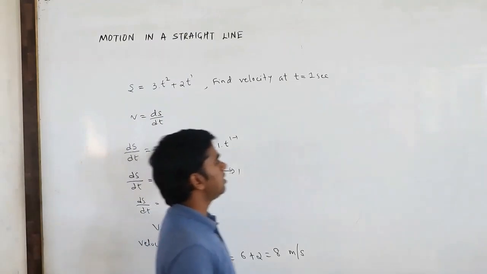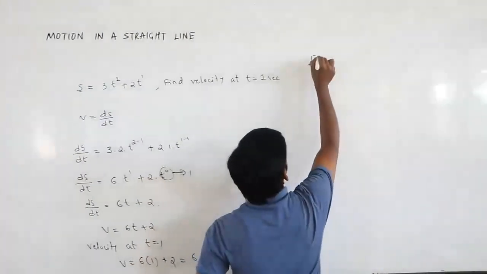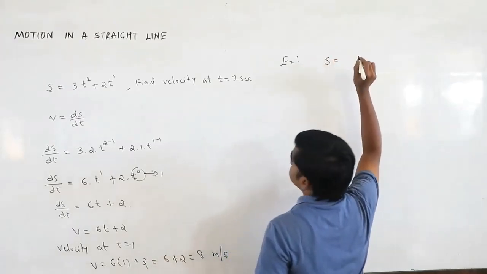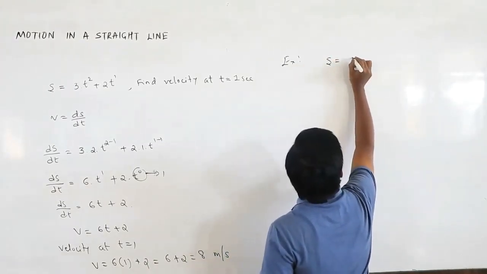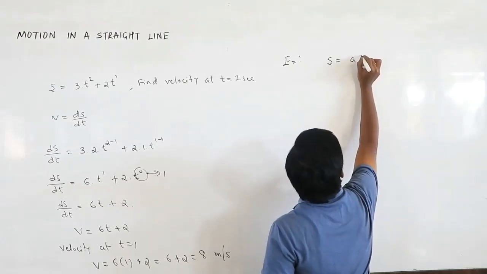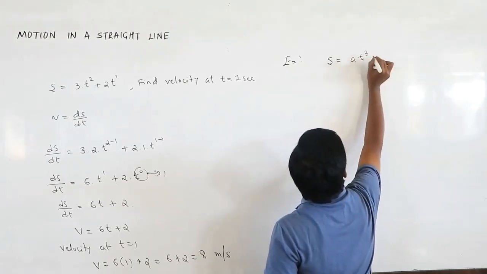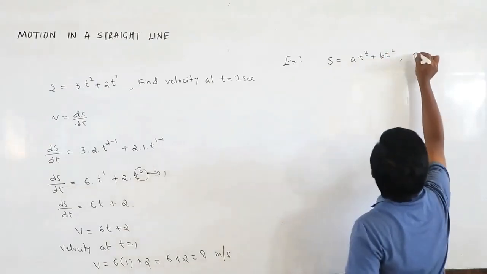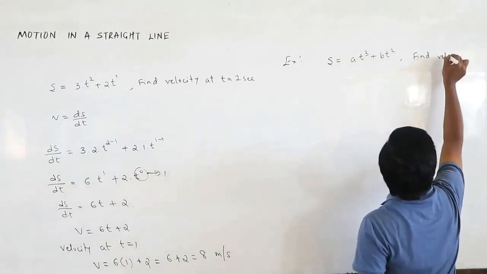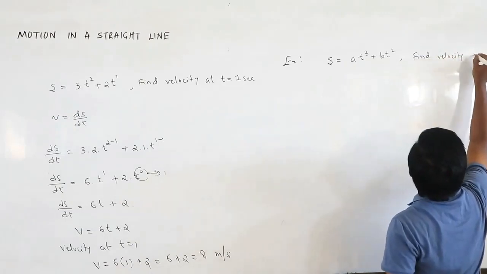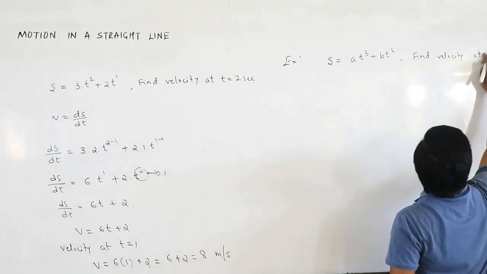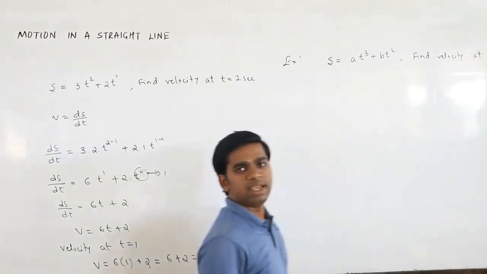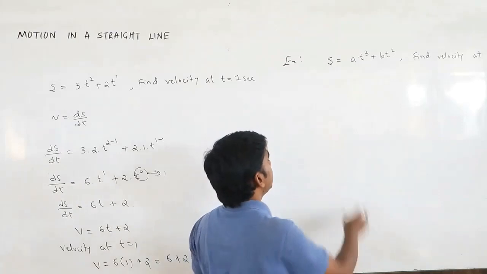So if I take another example, what I can write: s equals a into t cube plus b into t square. Okay. So find velocity at t equals 1.